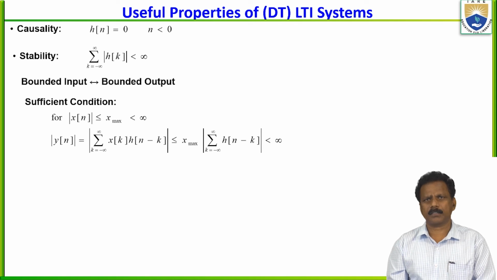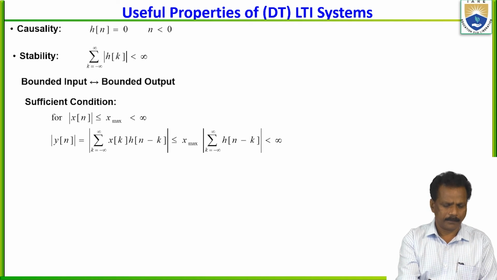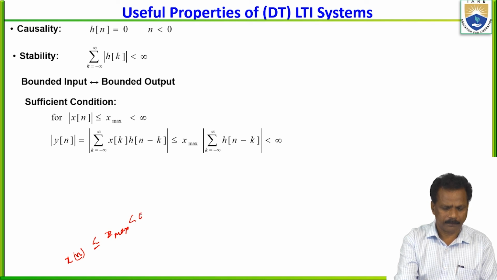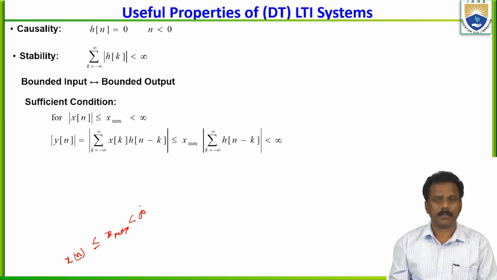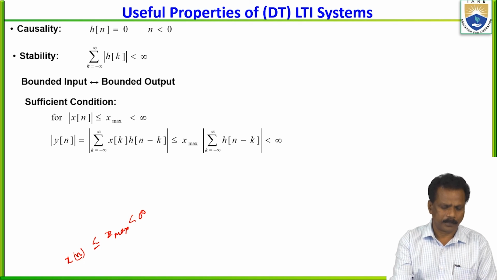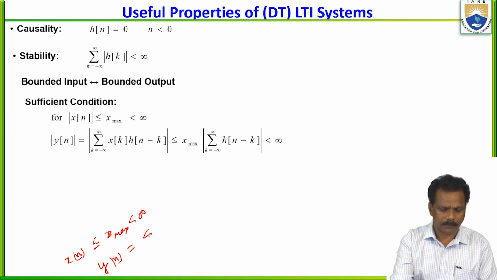Based on these sufficient conditions, for x of n less than or equal to x maximum less than infinity, we have to verify that y of n is equal to the summation where k equal to minus infinity to plus infinity of x of k, h of n minus k.